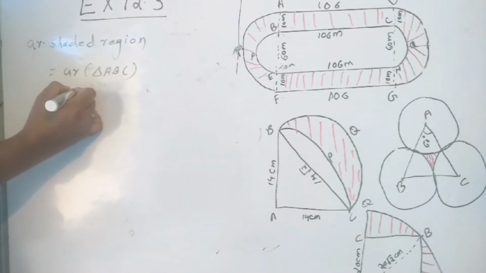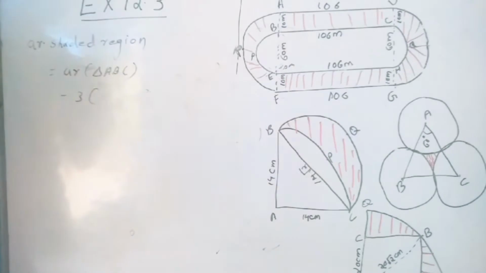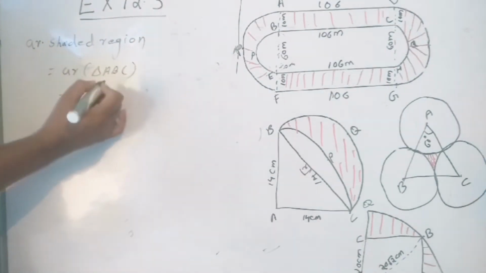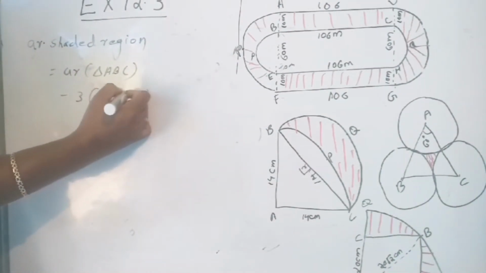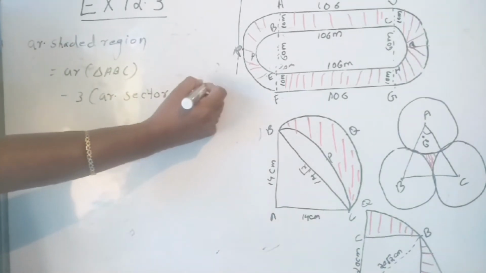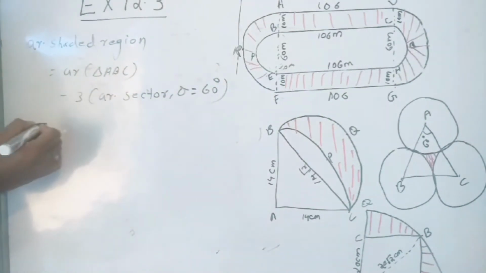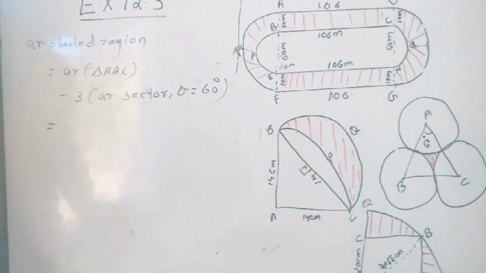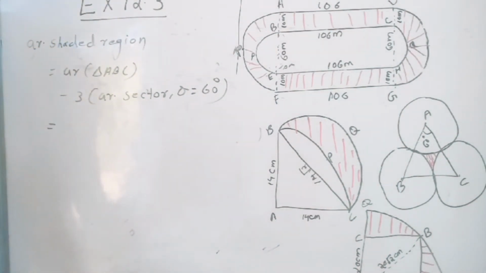That is minus 3 into area of sector with angle 60 degree. Area of triangle ABC is given in the question.